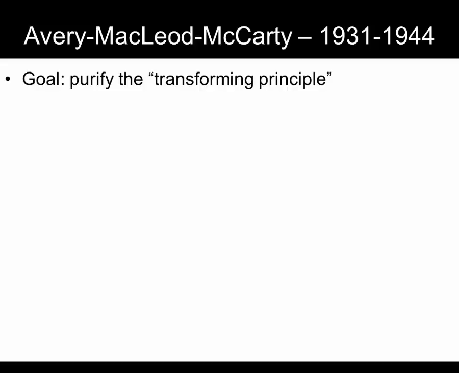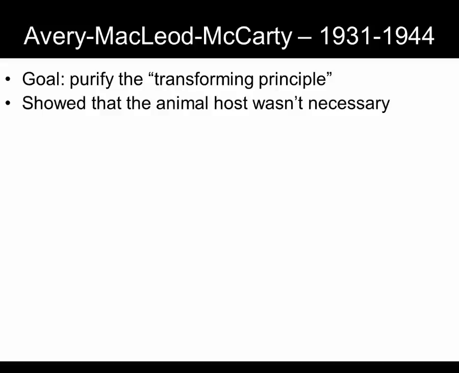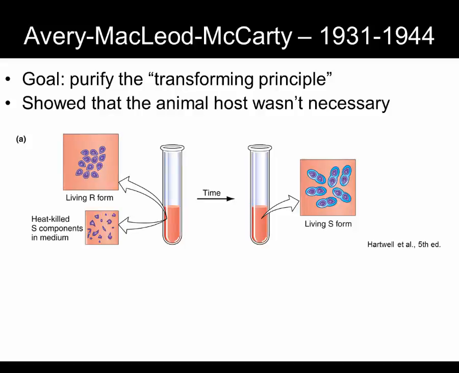But at the time, there was no way for Griffith to know that DNA was what was responsible for the change. So the team of Oswald Avery, Colin MacLeod, and Maclyn McCarty built upon his work and set out to confirm the identity of the transforming principle. They showed that the mouse host was not necessary for the process. Just mixing heat-killed S and live R strain in a test tube will yield living S bacteria.